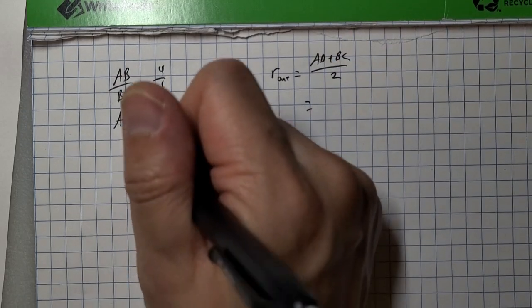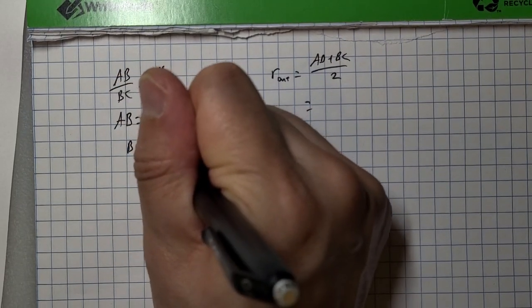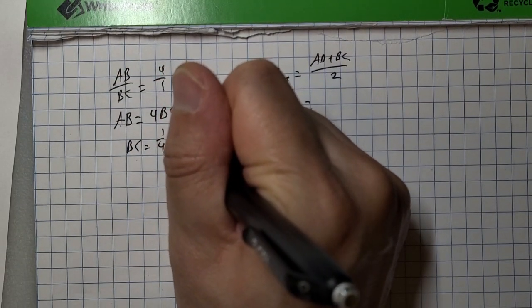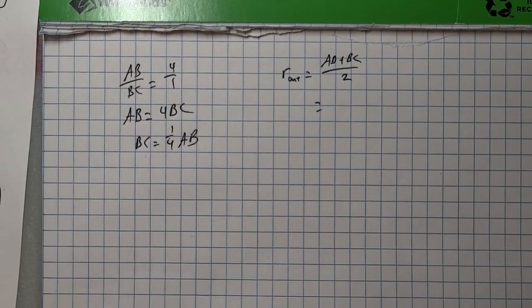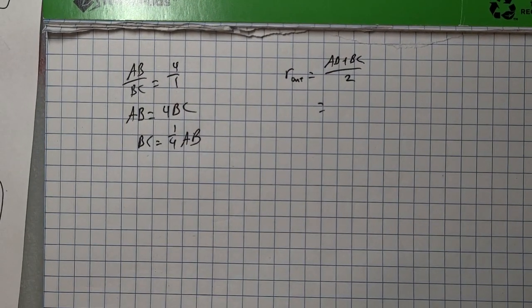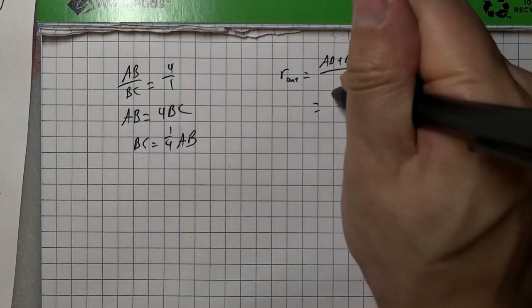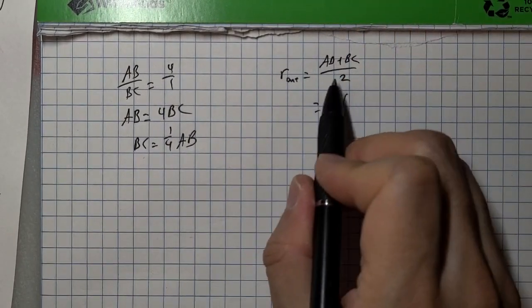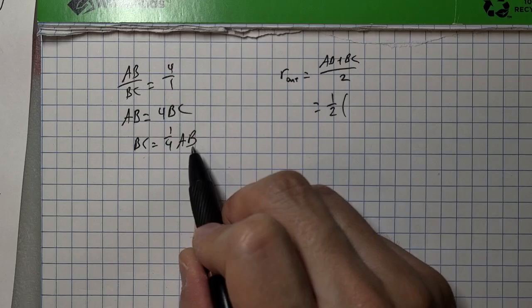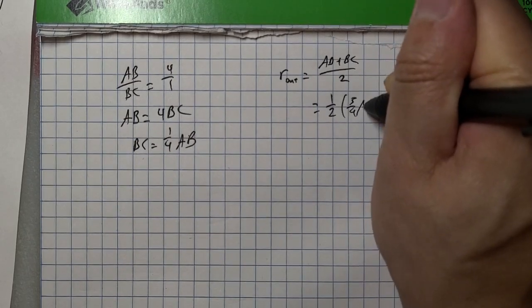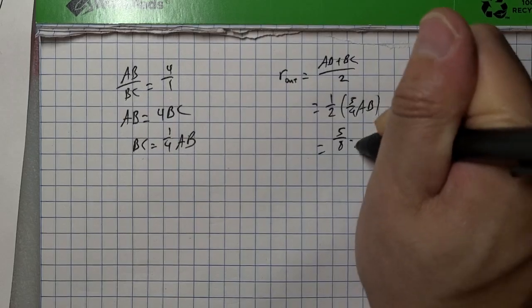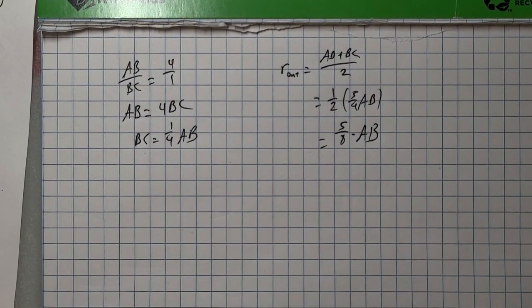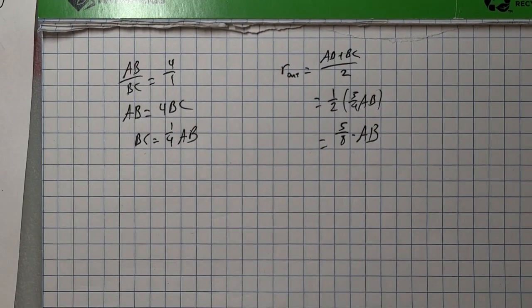Or I can write BC as a fourth of AB. That could work as well. So it'll be half times BC, a fourth AB, so that's 5/4 AB, which is 5/8 times AB. That's my R out.